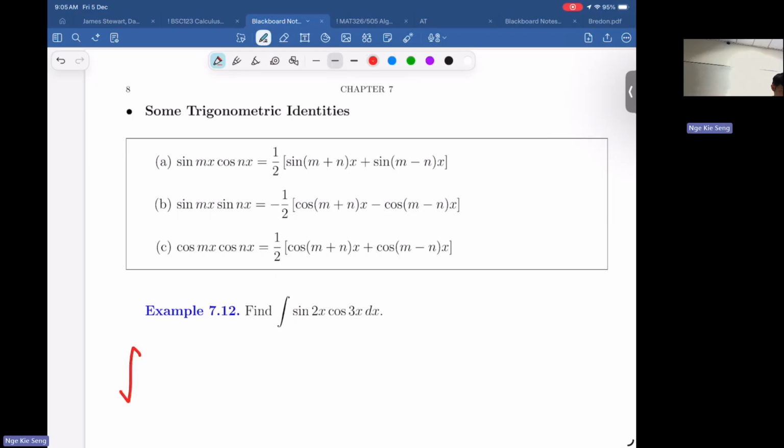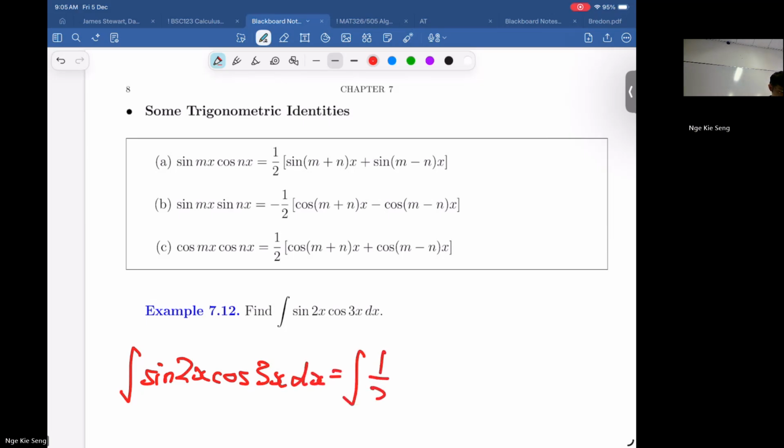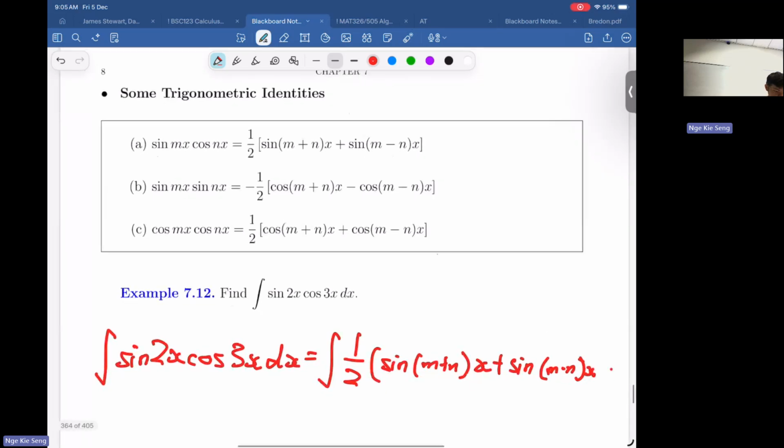Okay. So, half of sine and plus sine x. Okay, so this is by A. We put A here, right?